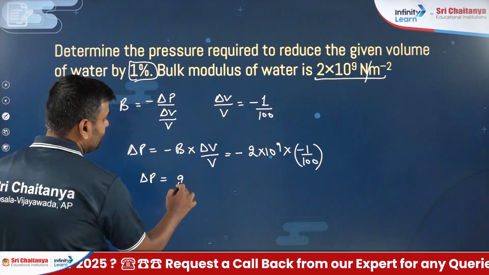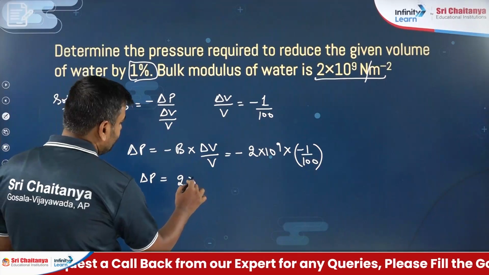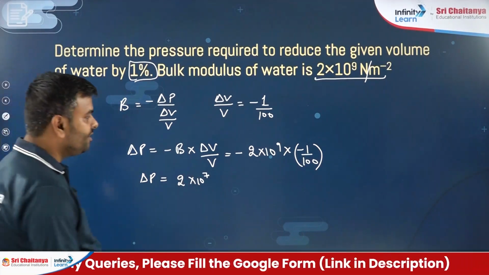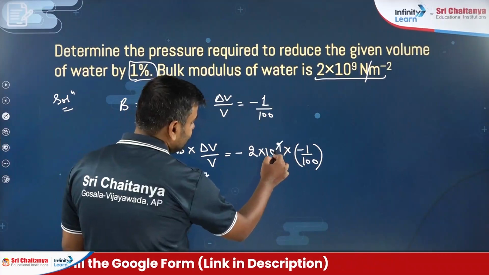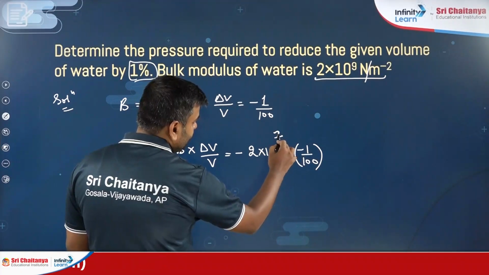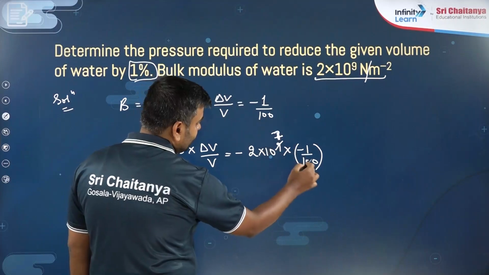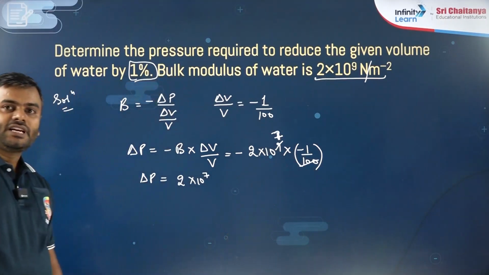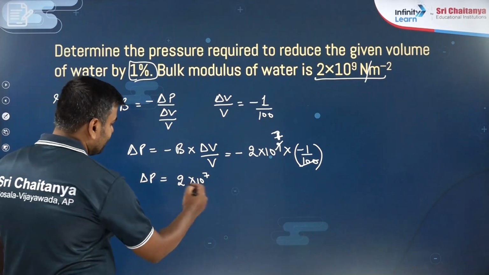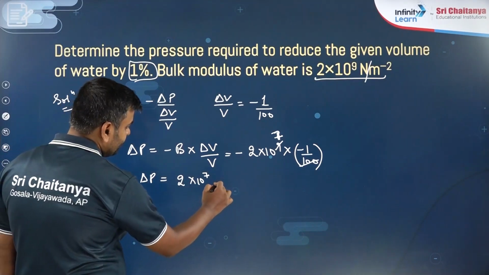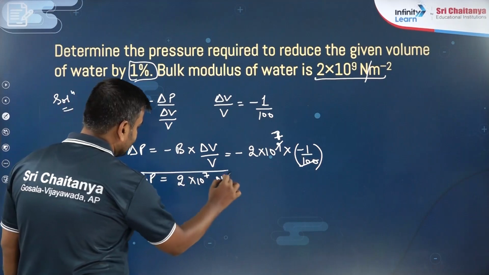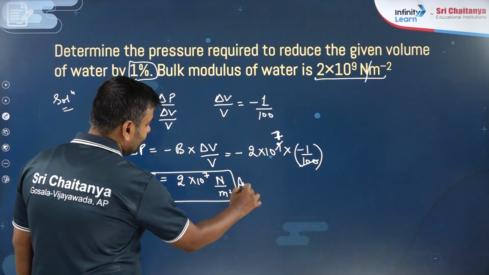It comes out to be 2 into 10 to the power 7, because here this 100 will cancel the 2 zeros, and only 10 to the power 7 remains. So we are getting finally this delta P value 2 into 10 to the power 7 Newton per meter square. So that will be the final answer we have for this particular question.